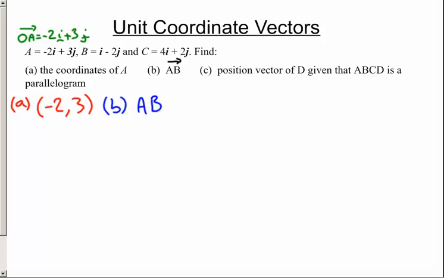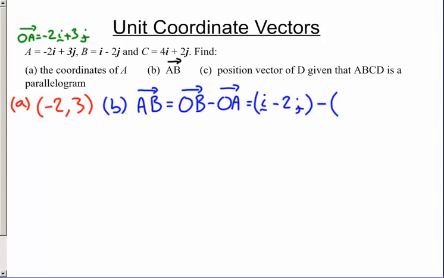AB is equal to the position vector OB minus the position vector OA, which is equal to, well, OB is i minus 2j, and from that we're going to take away OA, which is minus 2i plus 3j.